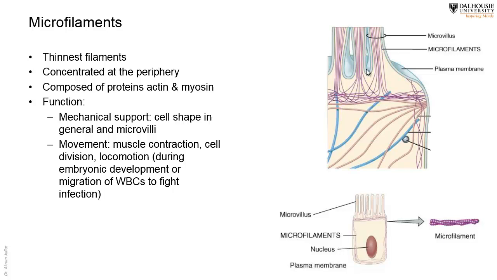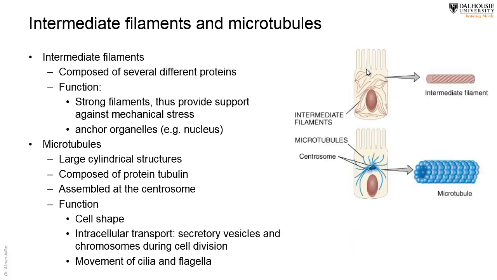So they are multiple finger-like projections, and they increase the surface area of the cell membrane. So there's an increase in the surface area of diffusion. That's why these microvilli are present in the absorptive cells of the intestine, for example, the small intestine. They have what we call a brush border, because there are a lot of these microvilli there. So these are the microfilaments.